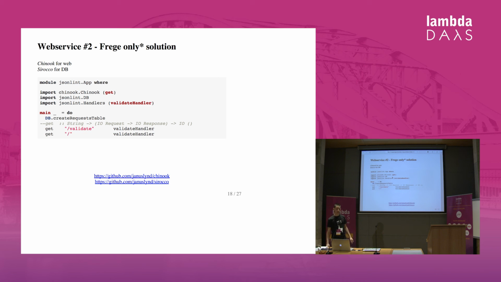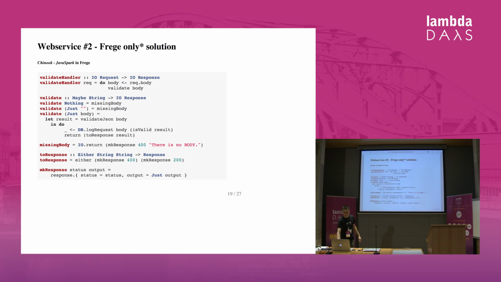That's some added value. I will store requests, and I just use this JSON library to have get handlers on two endpoints with this validate handler.